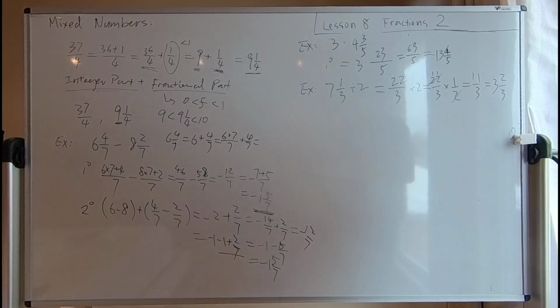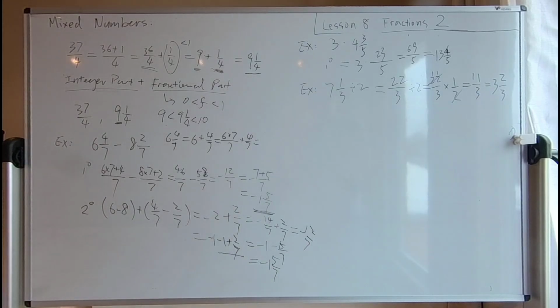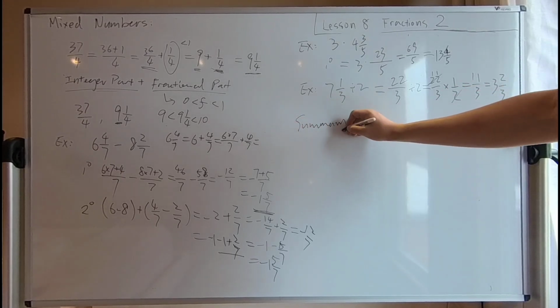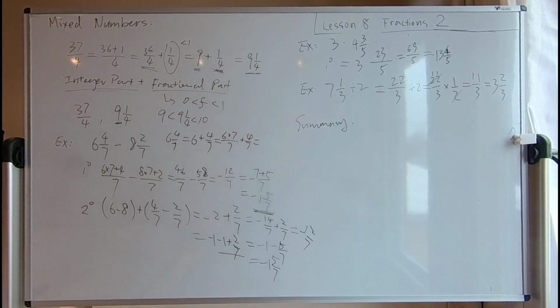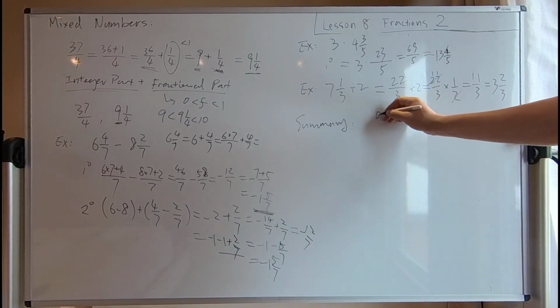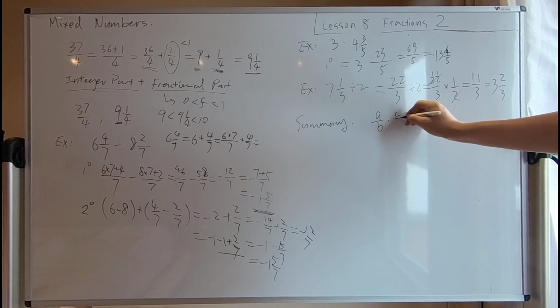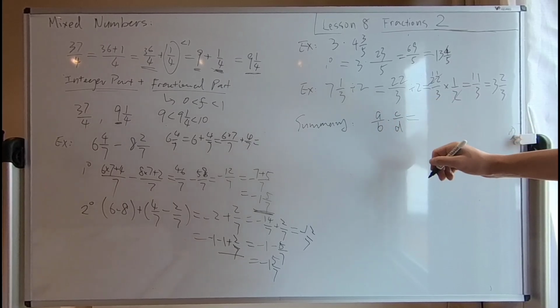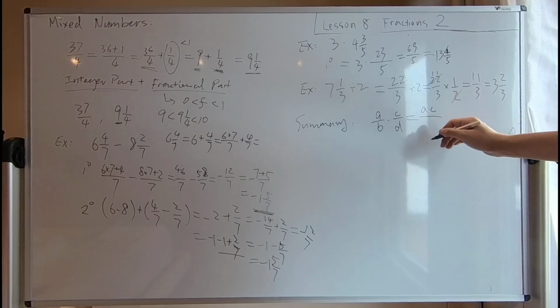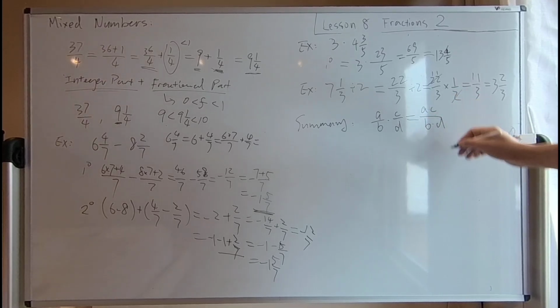Okay, so far we have learned all the techniques for fraction numbers or fractions. And maybe let us just write down one more time all the useful formulas we have learned. So for example, we learned multiplication between fractions. If I have a over b times c over d, this can be written as a times c over b times d.